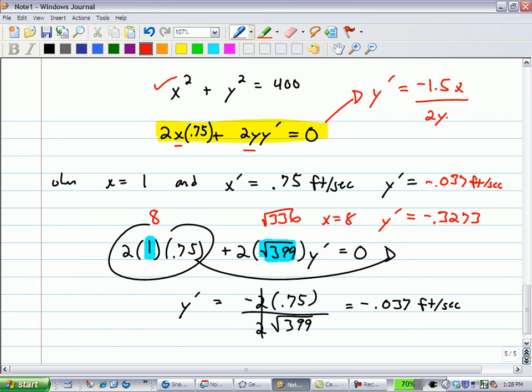Yeah, that would have been good. I guess the top equation, just put in y, so that you could just do it from the x? Yeah, so you could rewrite the top equation as, what would that be? y equals the square root of 400 minus x squared.